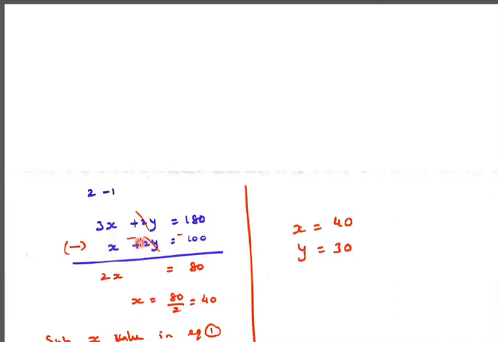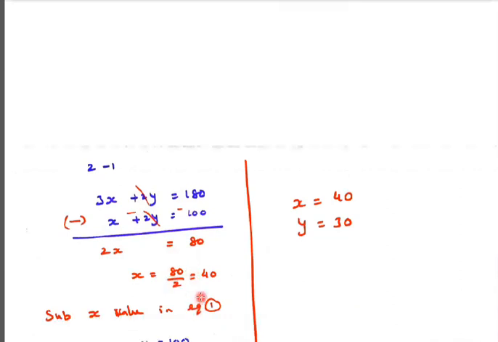Minus means take everything as minus. So plus 2Y and minus 2Y cancel, and 3X minus X gives 2X. 180 minus 100 leaves 80. 2X is equal to 80. Therefore X is equal to 80 by 2, which is 40. So the X value is 40.